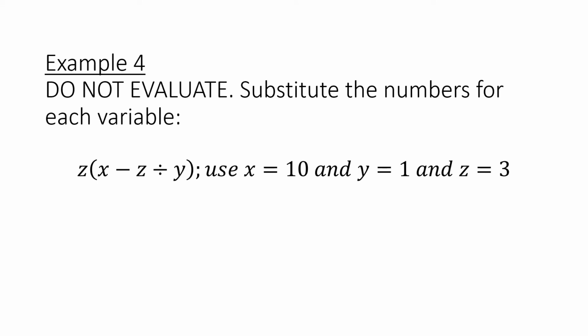All right, in our last example, example 4, we're still not evaluating in our first step, we're just substituting in. This time we have 3 different variables that we're substituting in. The concept is going to be the exact same. And I really didn't explain in the beginning why I like to use parentheses when I'm substituting in. A lot of times it's because of negative numbers.